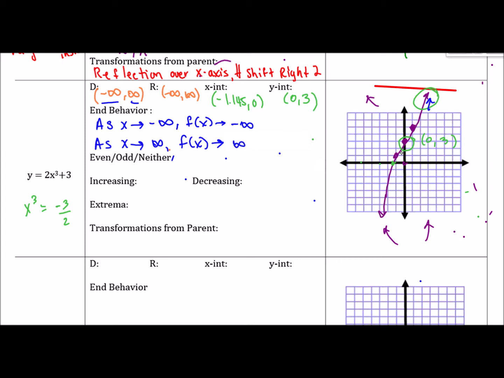It is cubic, which normally is an odd function, but since we have moved it up 3, it's no longer going to give you the same function, because this point right here is going to now become this point right here. So that graph isn't actually going to match up right there, if you can picture that. So this one's going to be neither.